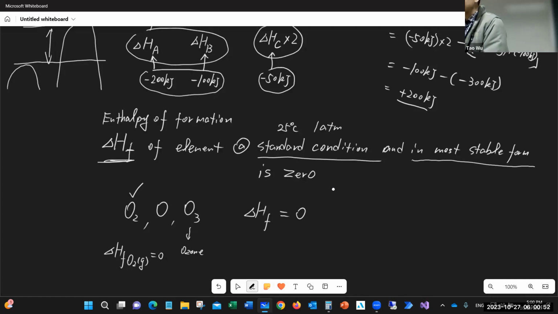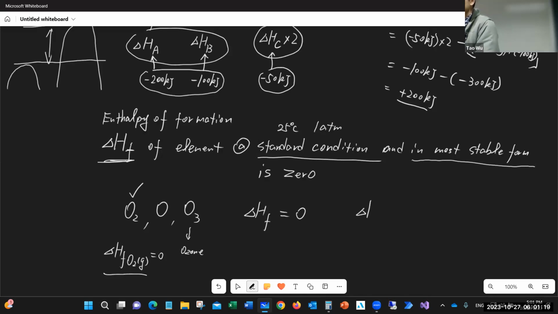But the delta H of formation of the oxygen atom is not 0. The ozone gas is not 0. Only this one is 0. Are you clear? Because oxygen is diatomic. So this is by definition, in the most stable form at 25 Celsius and 1 atmosphere.